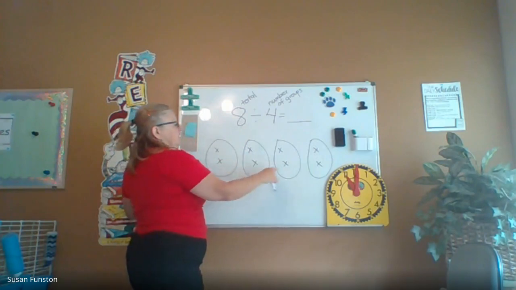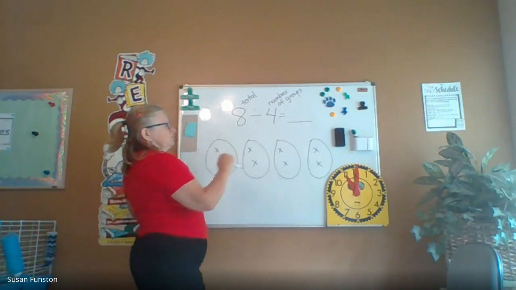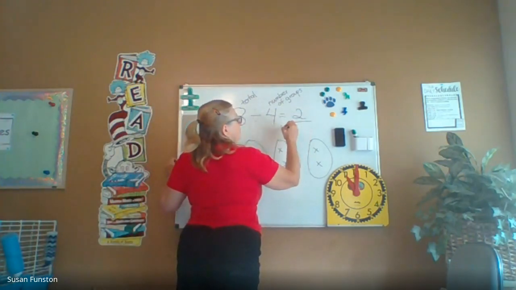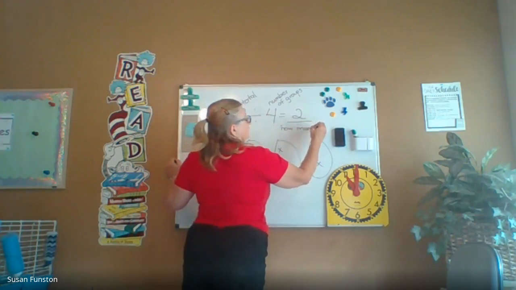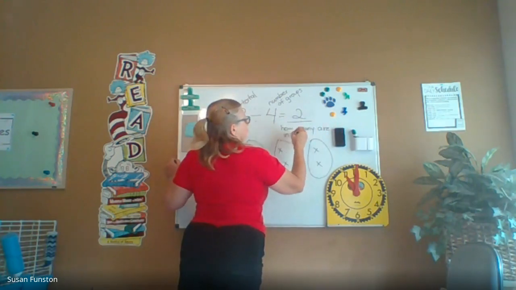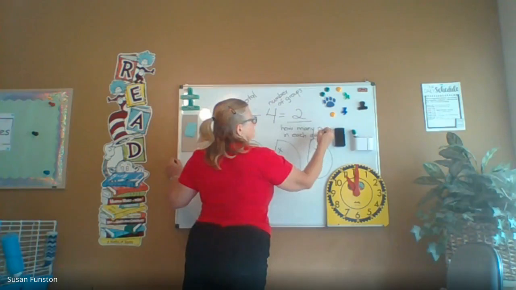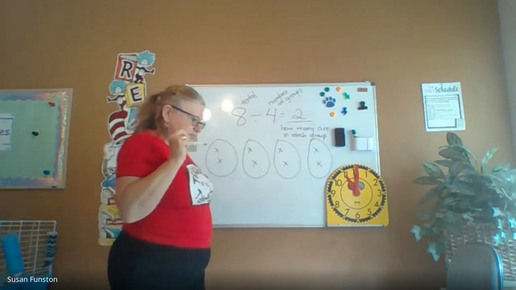Now, how many are in each group? 1, 2, 1, 2, 1, 2, 1, 2. So there are 2 in each group. So our answer is showing us how many are in each group. How many are in each group?